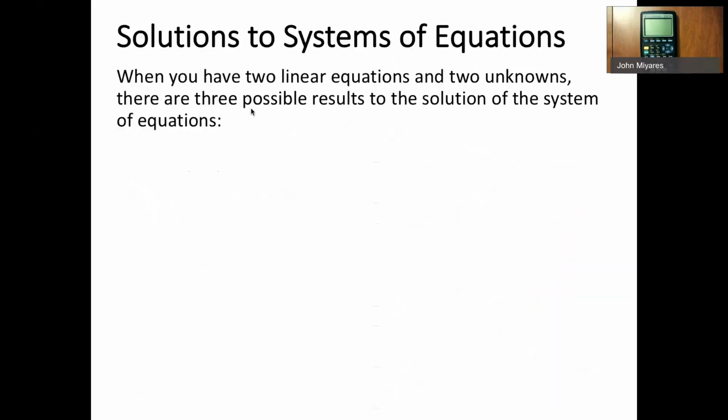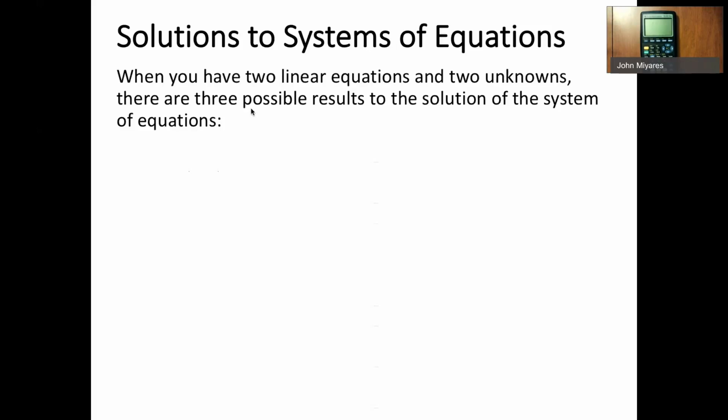So summing up, when you have two linear equations with two unknown variables, x and y, we have three different ways we can solve the system: the graphing method, the substitution method, and the elimination method. We also have three different types of solutions.